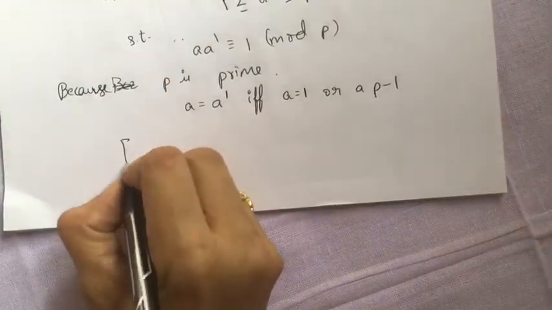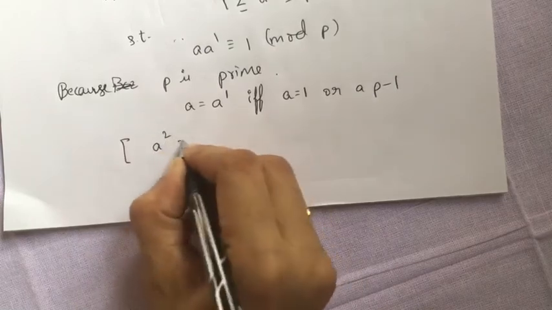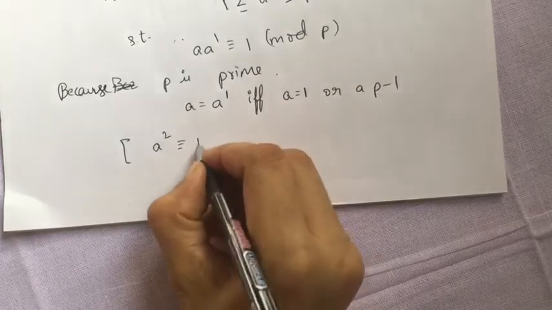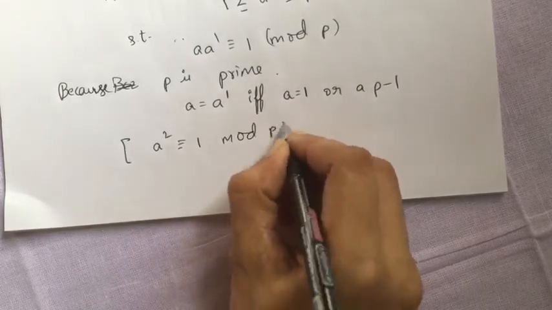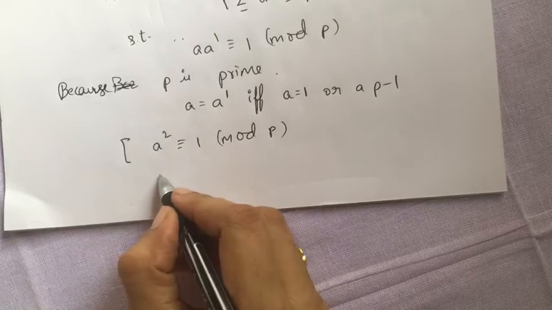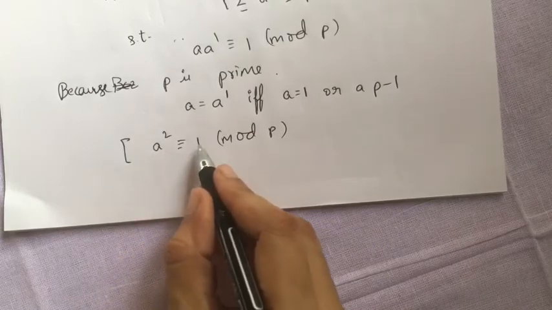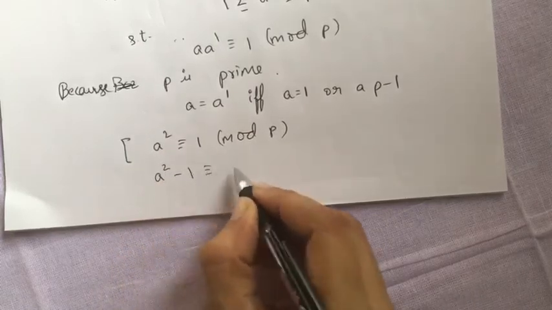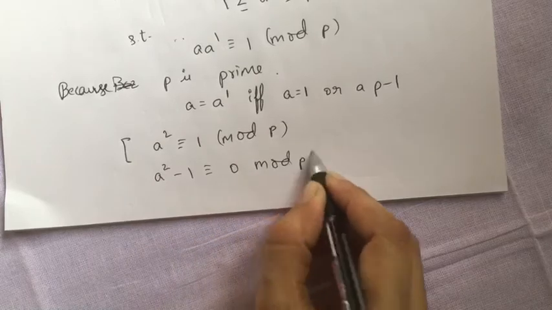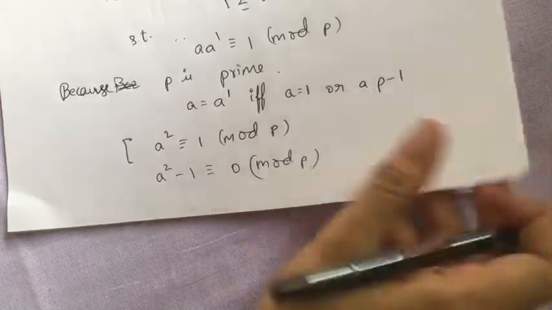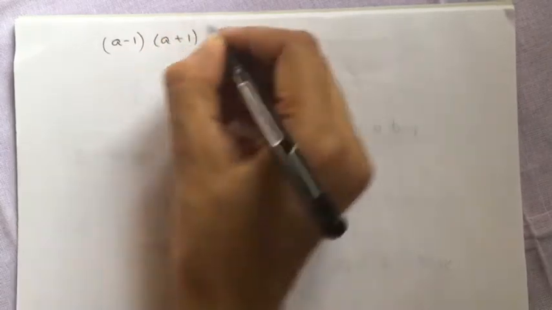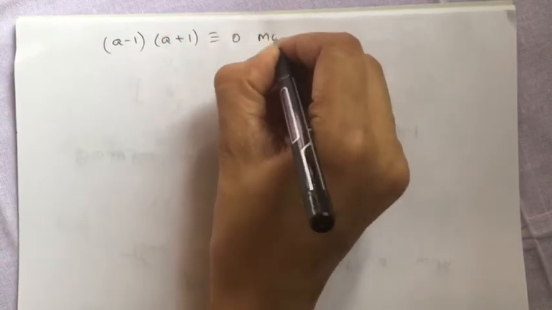See what happens: if a equals a dash, then a square is congruent to 1 mod p, which is the same as writing a square minus 1 is congruent to 0 mod p, and this is the same as (a minus 1)(a plus 1) congruent to 0 mod p.